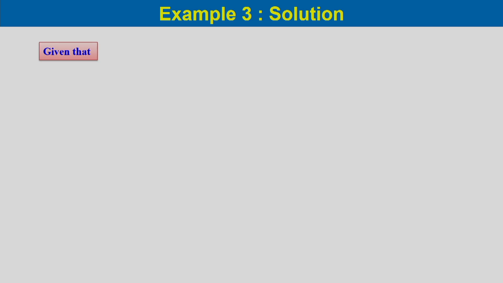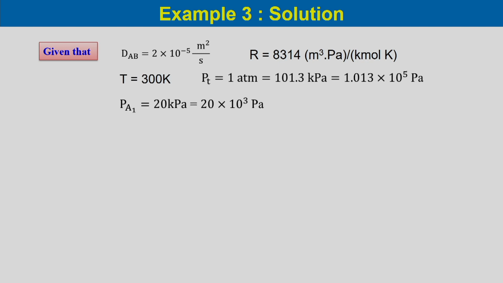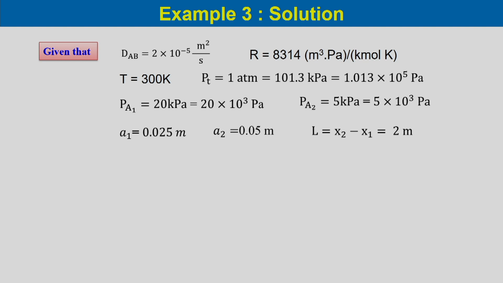Now, if we substitute the parameters which are given, dAB, R, T, Pt and partial pressure of component A at 1 and partial pressure of component A at 2, and then the other values R1, R2 and the length.